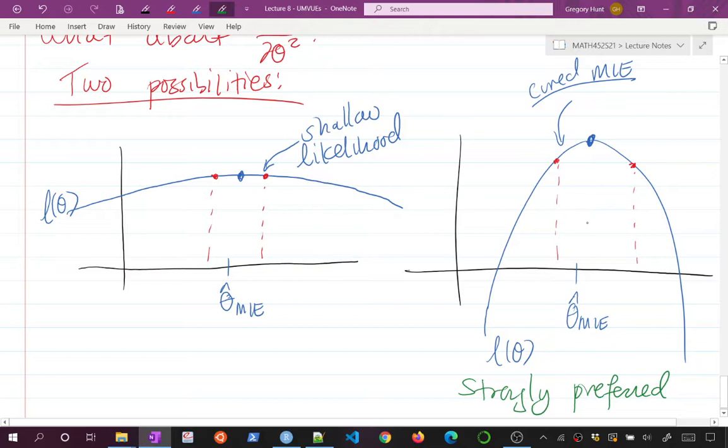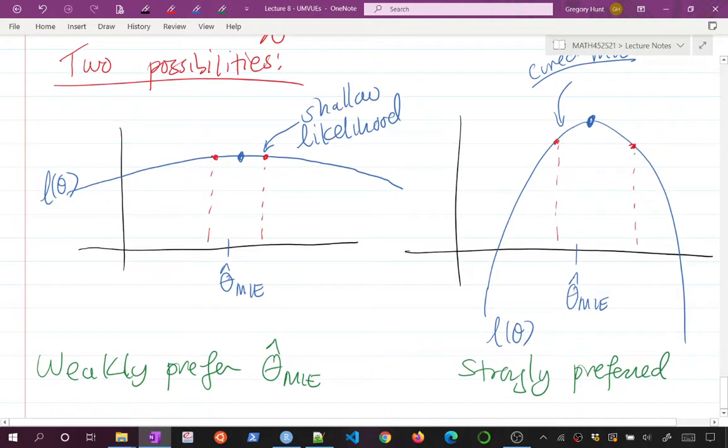Whereas in my shallow case, I only weakly prefer my MLE over other estimators. Why? Because yeah, my MLE is technically the maximum value, but if I go slightly off it one way or the other, it's not actually that much more likely to have been the true theta.